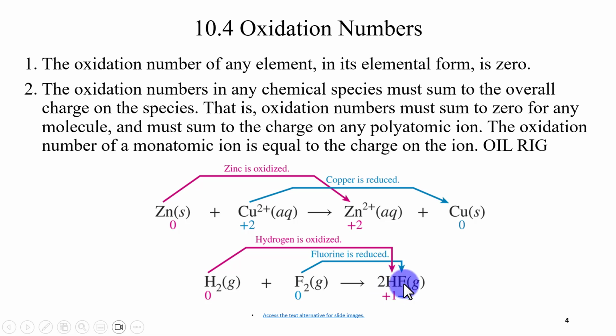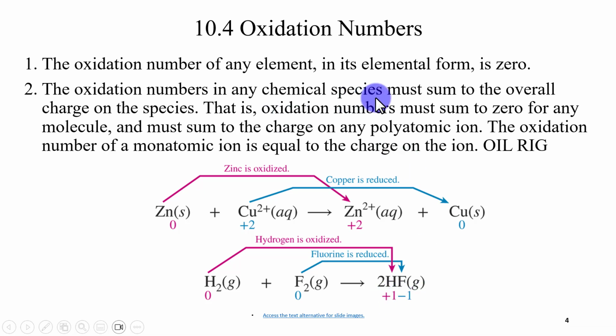However, now that they're combined in a molecule, what is the charge on the fluorine? It's -1. What about the hydrogen? Well, it has to be +1 because I'm pairing a -1 and a +1 to give me a 0 overall charge. Now, the oxidation number is not the same as the charge, obviously, because this is a molecule.